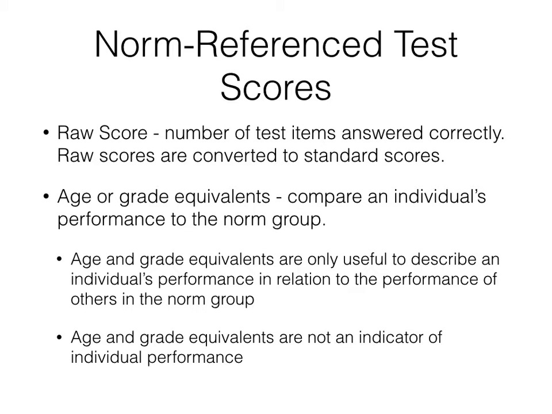So that allows us to talk about how the child did on that assessment in terms of how everybody else did in that normative sample. So, age and grade equivalents aren't an indicator of individual performance, but they are an indicator of how the child achieved relative to other people in that group.